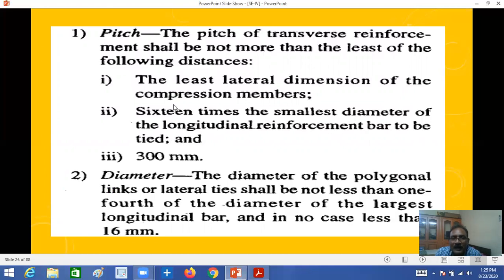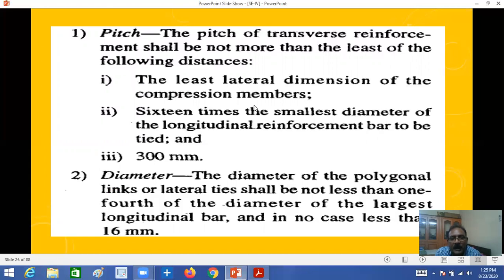Similarly, the least lateral dimension: if your column dimension is 230 mm by 600 mm, the least dimension is 230 mm. So that is 230, right? Here 16 times 12 is the second condition. Third is 300 mm. These three we are going to use in column design, right?